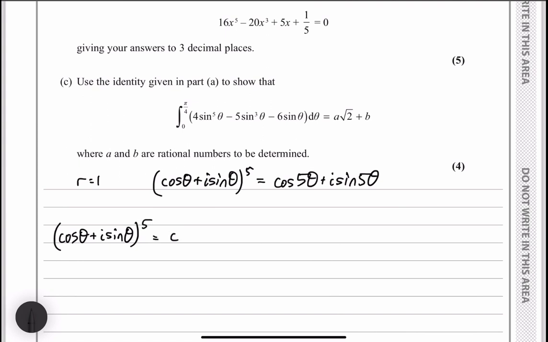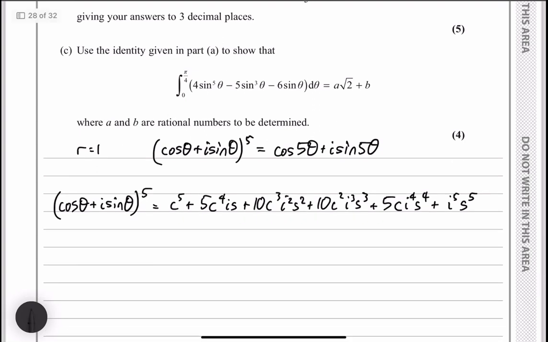So we've got cos power 5 plus 5 cos power 4 i sine plus 10 cos cubed i squared sine squared plus 10 cos squared i cubed sine cubed plus 5 cos i to the 4 sine 4 plus i to the power 5 sine to the power 5. Let's be consistent. There we go.